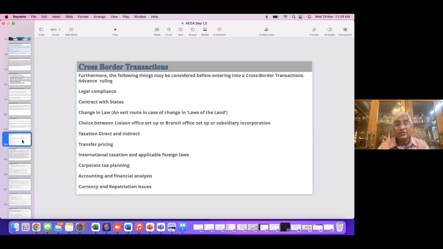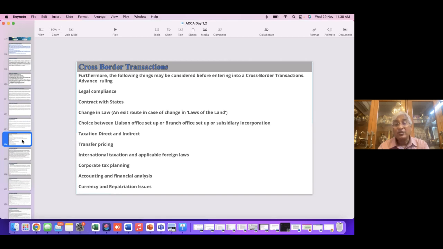Choice between liaison office setup, branch office setup or subsidiary incorporation. Taxation, direct and indirect. Transfer pricing. International taxation and applicable foreign laws. Corporate tax planning. Accounting and financial analysis, currency and repatriation issues.